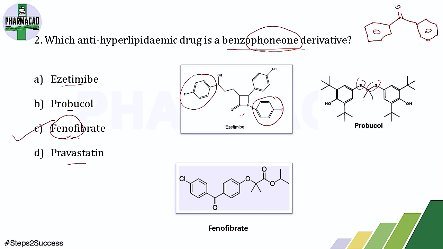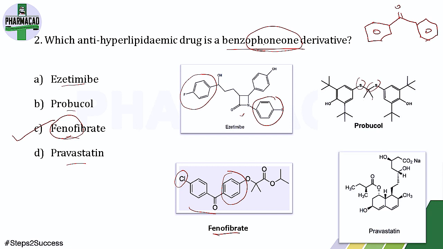Let's look at the structure of fenofibrate. Here in the structure of fenofibrate, we have a chlorobenzophenone derivative. So that is why the correct option here is fenofibrate. And last we have pravastatin. So this is the structure for pravastatin.